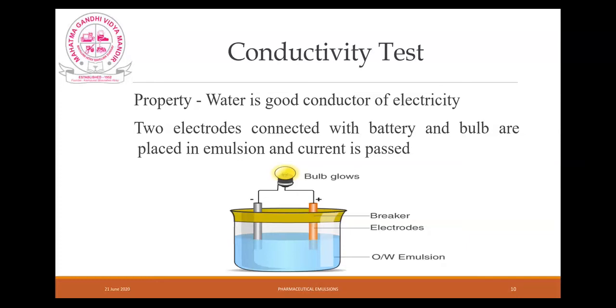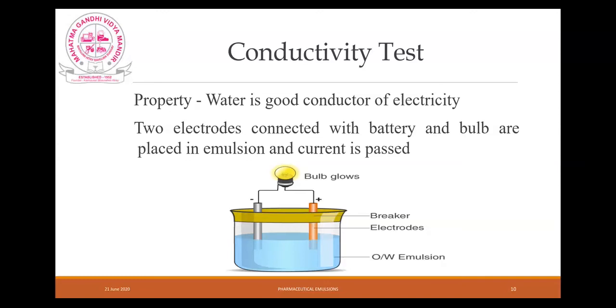If the bulb glows, then we can say that water is the external phase and the emulsion type is O/W. If the bulb does not glow, it means oil is the external phase and the emulsion will be water in oil type.